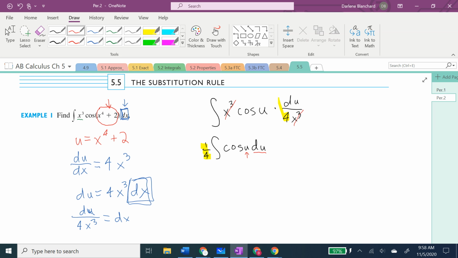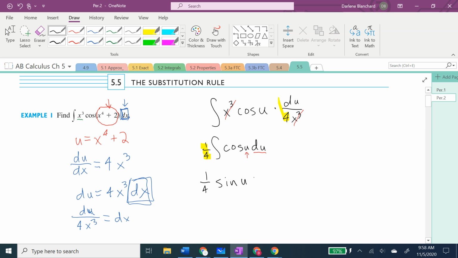So, what is the integral of cosine? Integral of cosine is sine. So I've got my constant multiple. The integral of cosine is positive sine u.